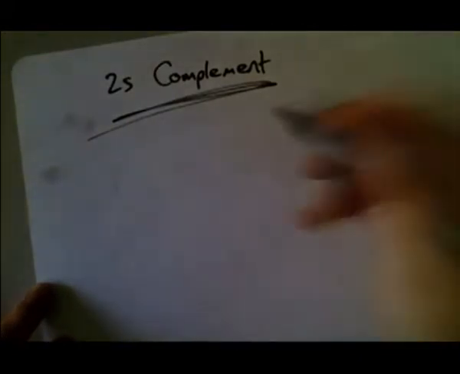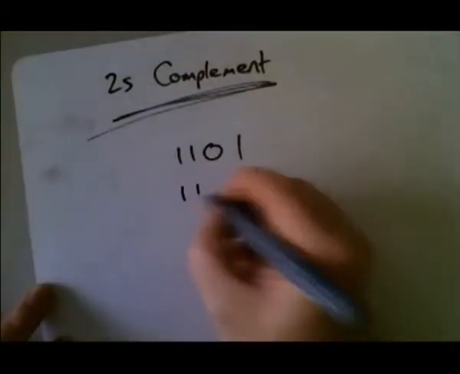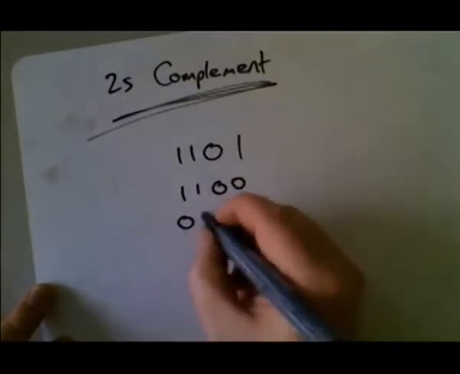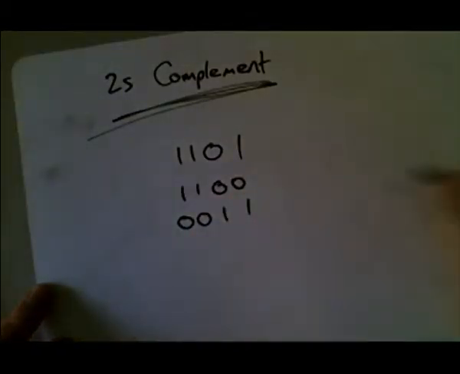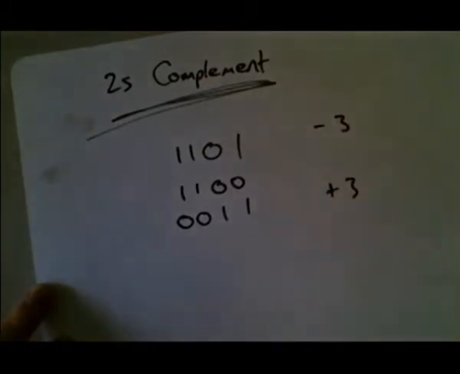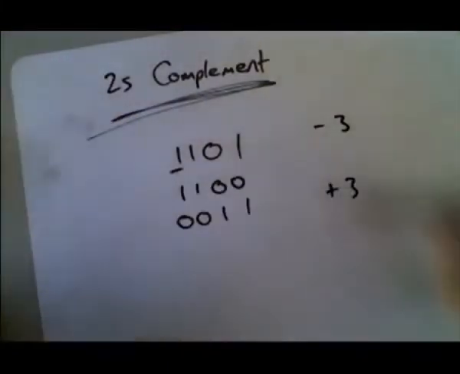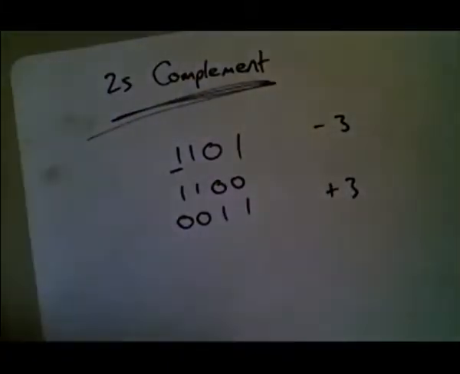If you get given a negative number, what you can do is take 1 and then flip it, do the reverse. And so that would be minus 3, that would be plus 3. I know it's minus, it starts with a 1, and the 3 I get by taking 1 and flipping. I do the opposite process.